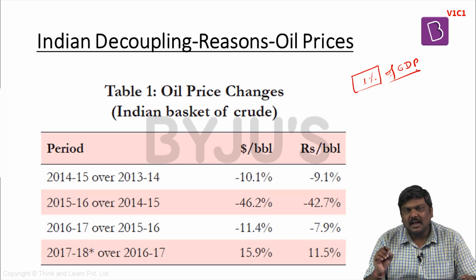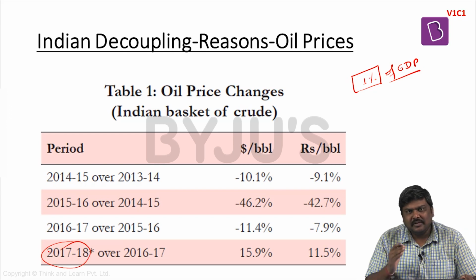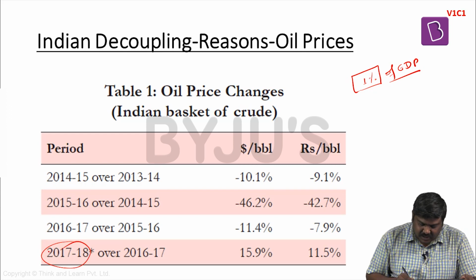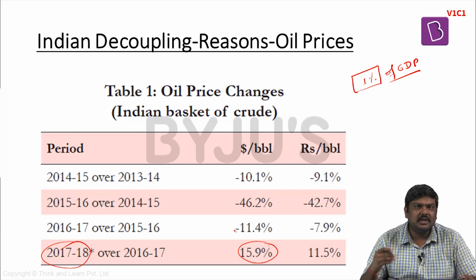In the last 1 year, that is in the year 2017-18, compared to 2016-17, prices have increased by around 16%, and this particular price will also keep on increasing in the coming year, as a result of which government of India will be forced to pay a higher amount of dollars for the import of crude oil that we are going to import into India.